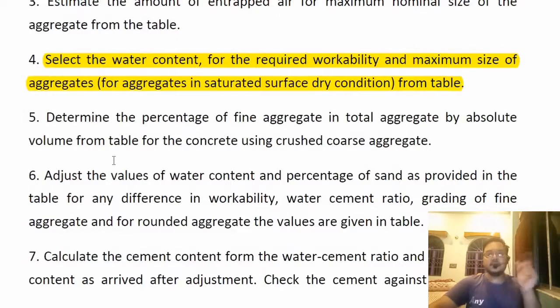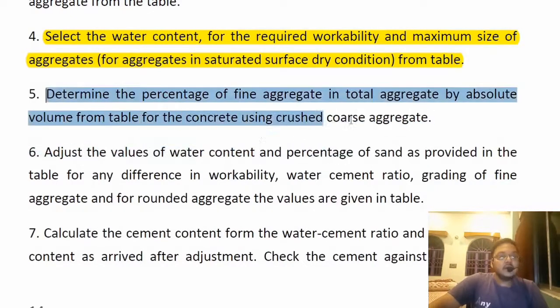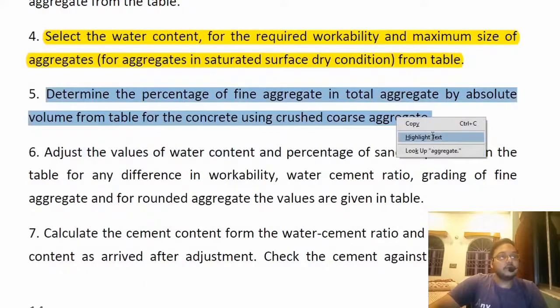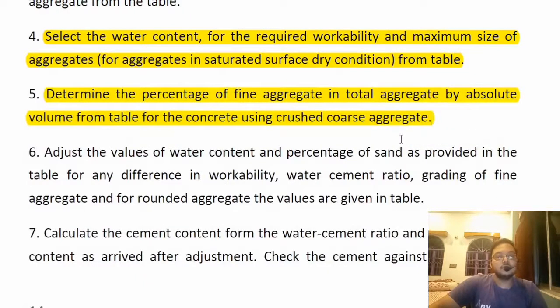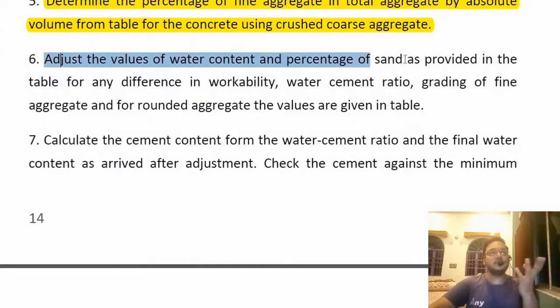And this table is again there in the IS code, that is IS 10262:2009. And determine the percentage of fine aggregate and total aggregate by absolute volume from the table for concrete using crushed coarse aggregate.